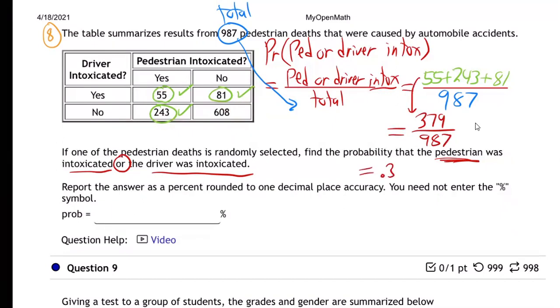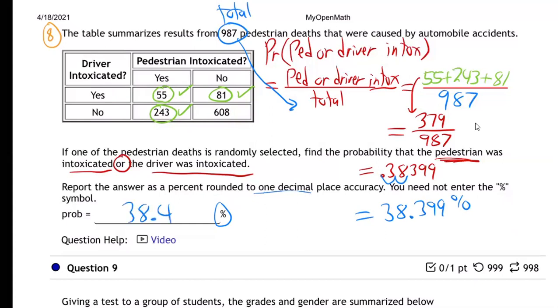I'm getting 0.38399. And they want a percentage, so you know what that means. Move the decimal twice. 38.399%. And so it's round to one place.